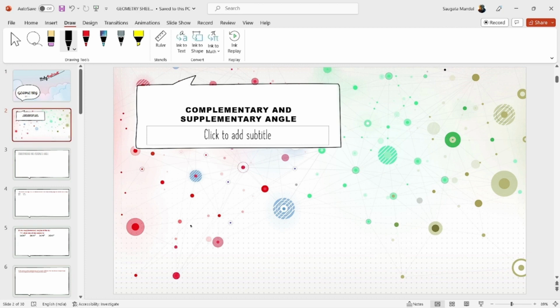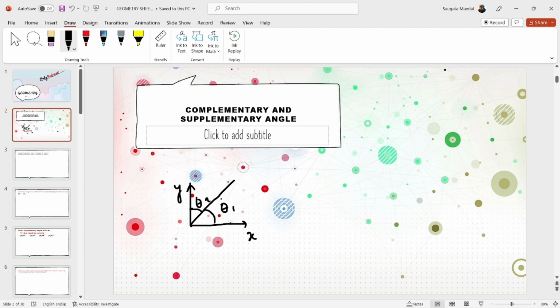Suppose this is x-axis and this is y-axis. This is a line. Suppose this angle is theta 1 and the other angle is theta 2.